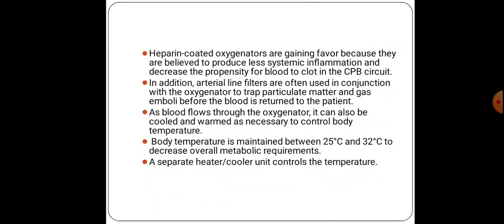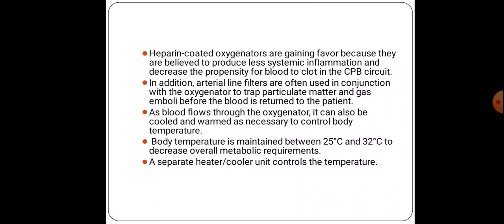There is also a coating present on the oxygenator, which is heparin. Heparin is mainly used to prevent blood clots. Heparin-coated oxygenators are gaining favor because they are believed to produce less systemic inflammation and decrease the propensity for the blood to clot in the CPB circuit.